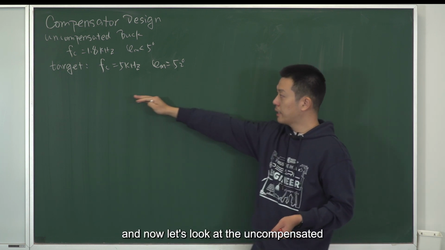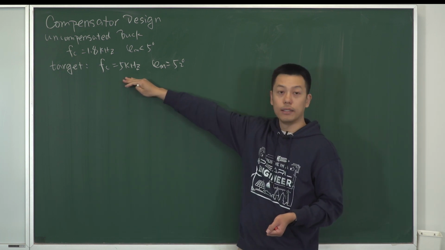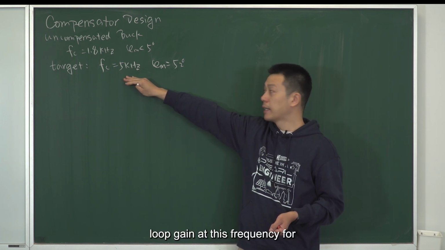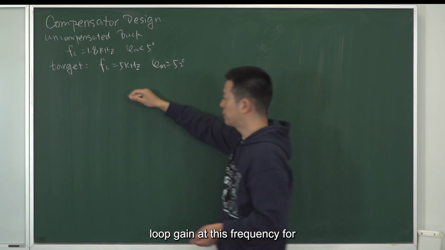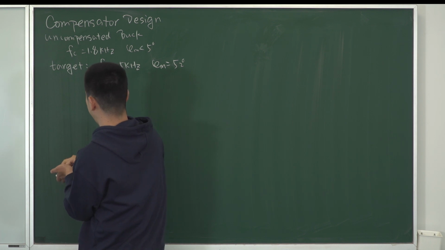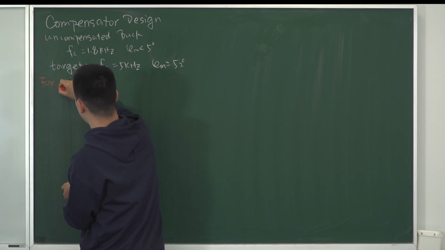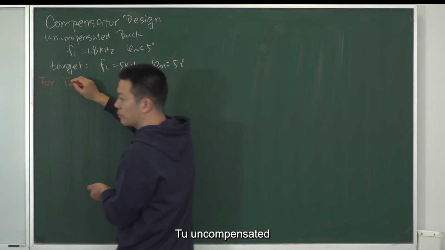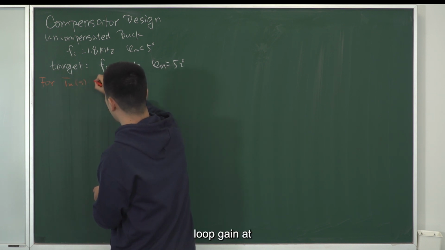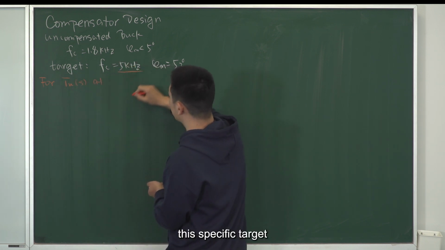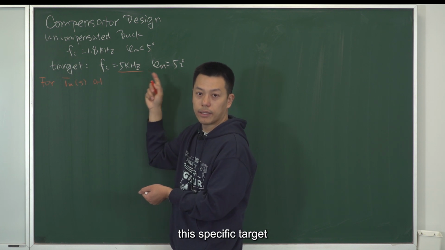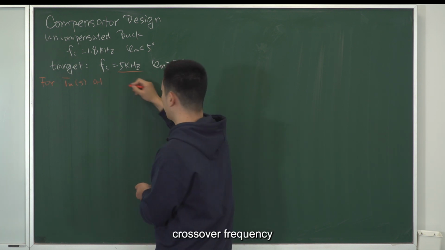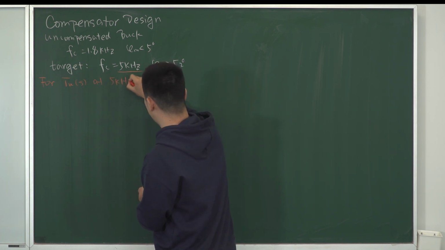Now let's look at the uncompensated loop gain TU at this specific target crossover frequency, 5 kilohertz.